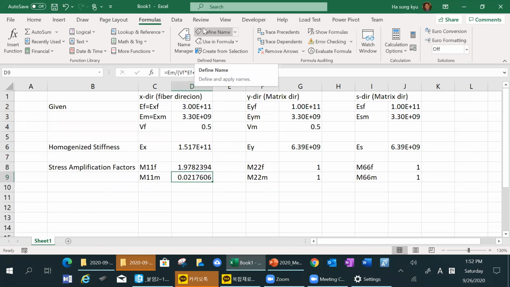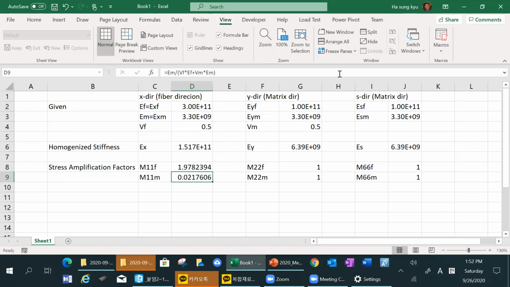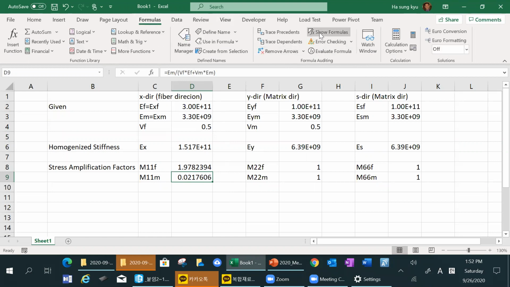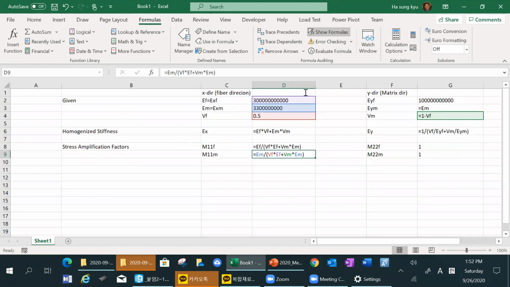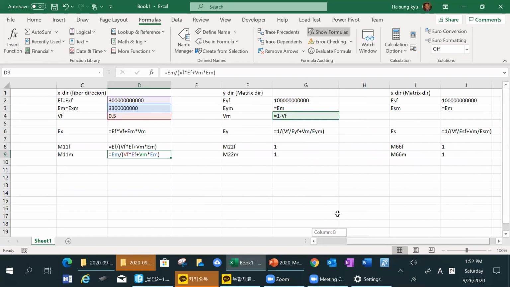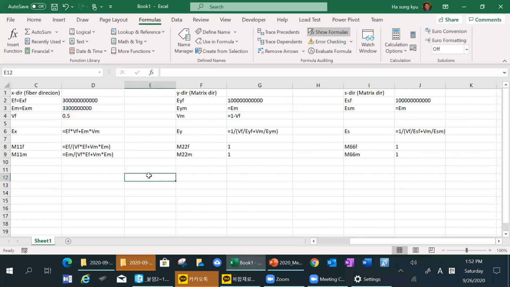I like to show the equations, okay. This is how you see formulas in each cell, rather than giving us the value.